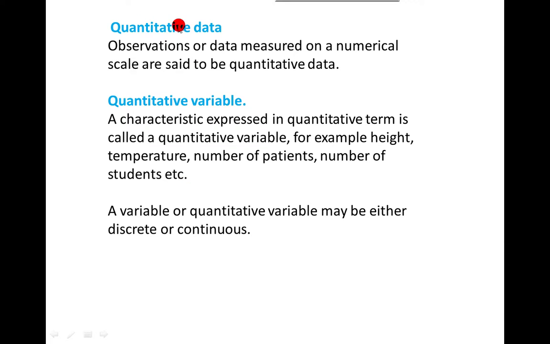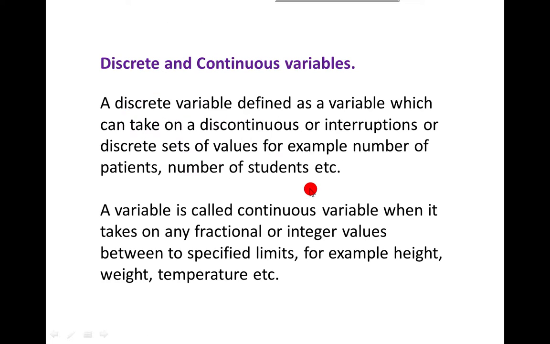This quantitative variable and quantitative data can be classified into discrete or continuous. So our quantitative variable may be either discrete or continuous. So what are discrete and continuous variables? A discrete variable is defined as a variable which can take on a discontinuous or interrupted, discrete set of values.